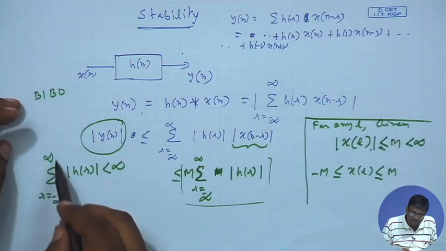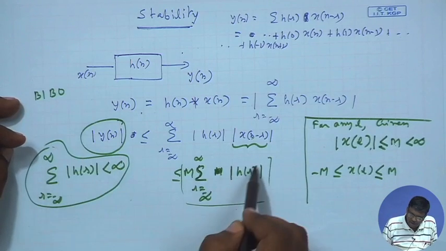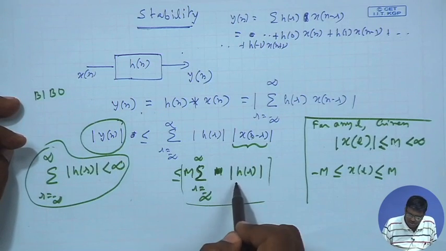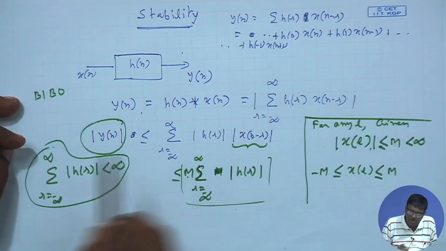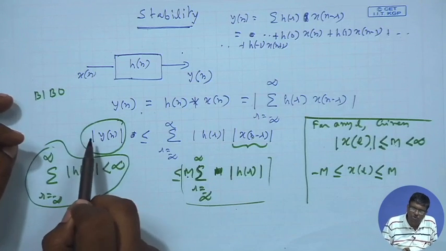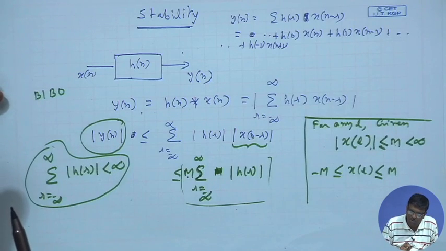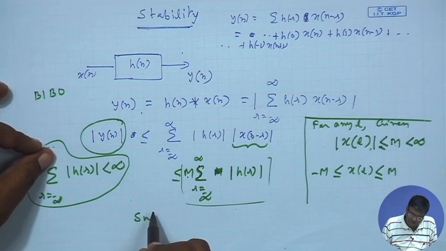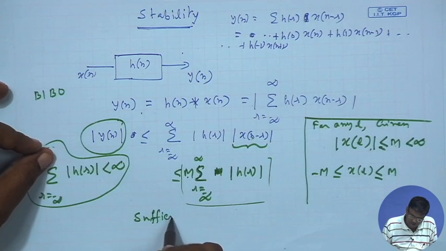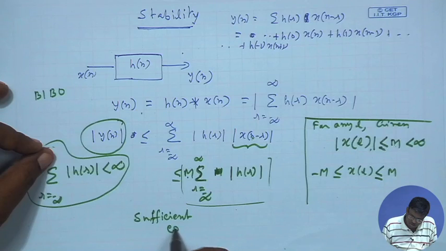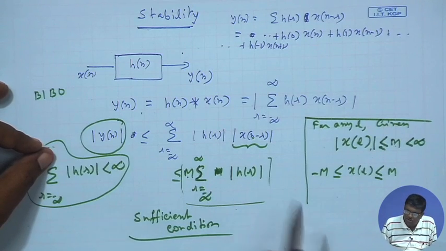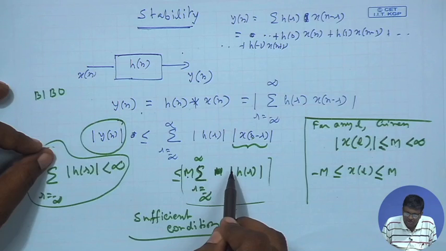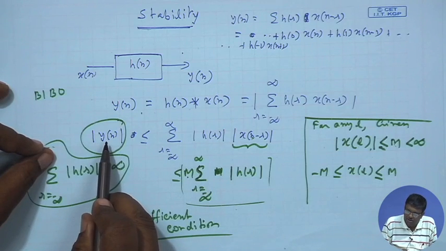If this is satisfied, if this is finite and this is finite, the product is finite, then it is guaranteed mod y[n] also will be finite; it will not shoot up to infinity. But this is a sufficient condition, because if this happens, then this will be finite definitely.